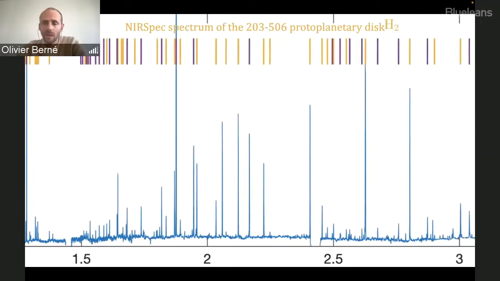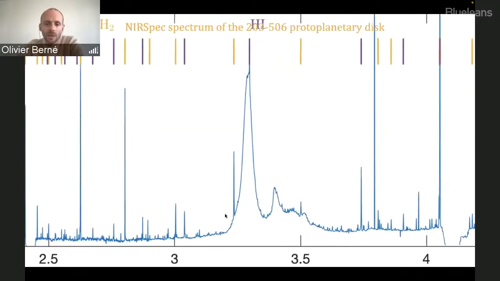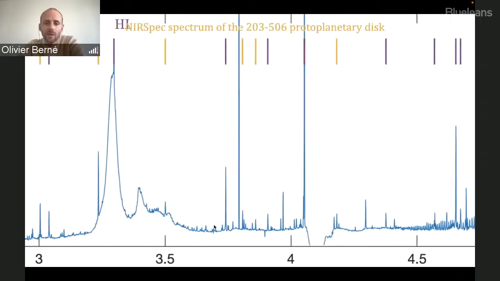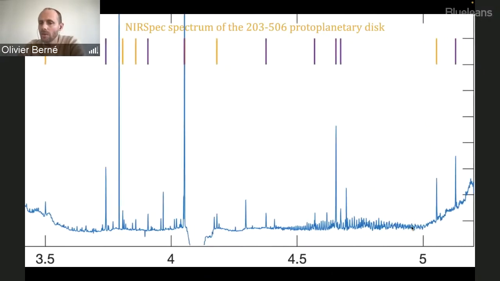Most of the lines you see here are molecular hydrogen and H recombination lines. You see also the emission from the polycyclic aromatic hydrocarbons. And here, this comb of lines that you see is not noise, it's the emission of the CO molecule that is present also in this envelope.